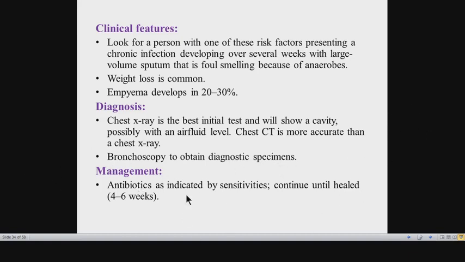Then the management of lung abscess. Lung abscess is one of the special types of abscesses in which the management is mainly medical. In abscesses in other sites in the body, for example skin abscess or liver abscess, usually there is a major role for surgery, surgical drainage or surgical excision. But in lung abscess, we will depend mainly on medical treatment with antibiotics.